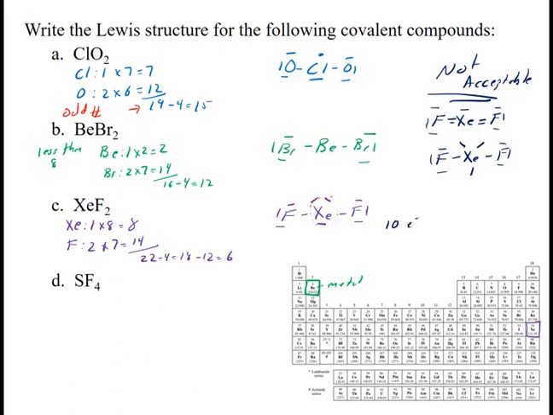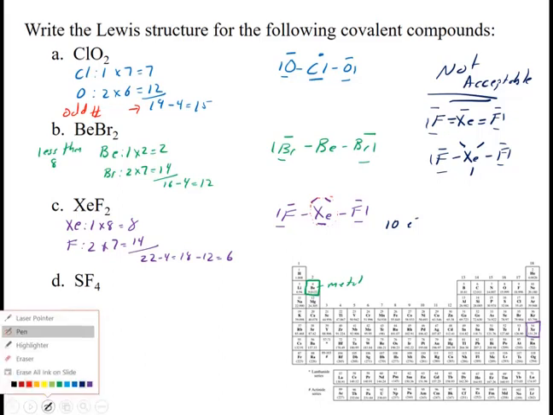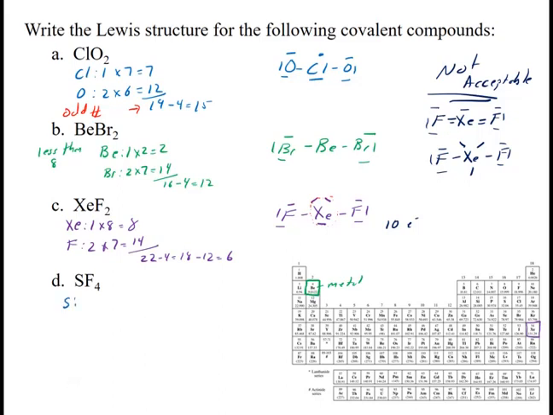Okay, and the last one that we will do is going to be sulfur. Okay, sulfur. There's one of them, and sulfur is in group 16, so that's 6. Fluorine.